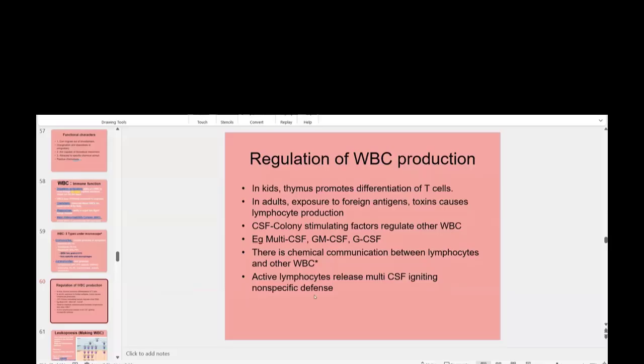That means the neutrophils, eosinophils, basophils are non-specific defense cells, so those are activated also. So it is mutual, helping each other, a symbiotic relationship. The small WBC cells help lymphocytes, the T and B cells, and the T and B cells help the small WBC cells.